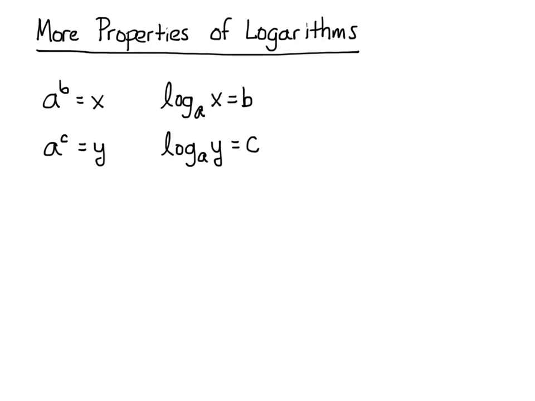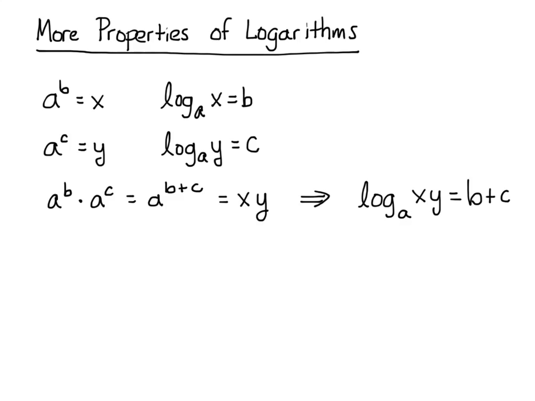Okay, so let's start combining these things and see if we can come up with a property here. If we multiply a to the b times a to the c, we add exponents there, right? So that's a to the b plus c, and since we've multiplied those two together, that equals xy. Okay, so no trickery here. This is just taking a to the b times a to the c, adding those exponents, and since I've taken x times y, I just write it that way.